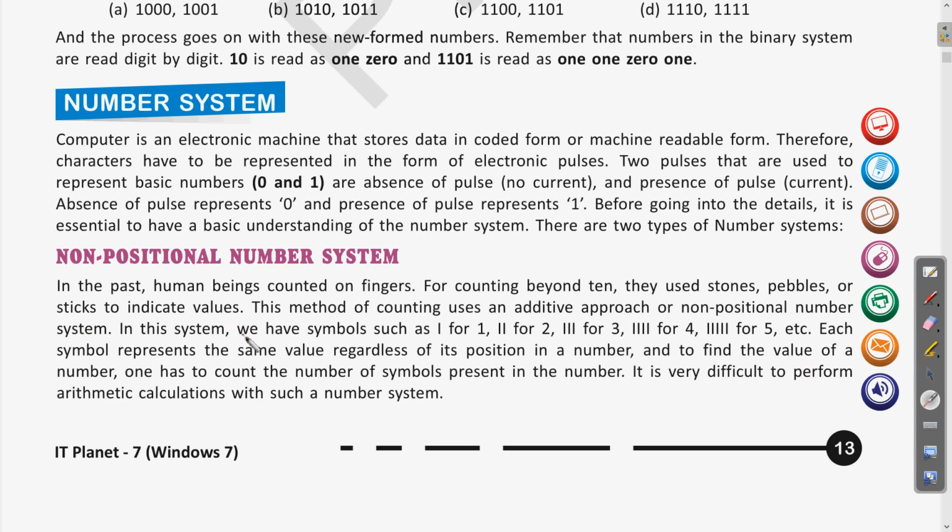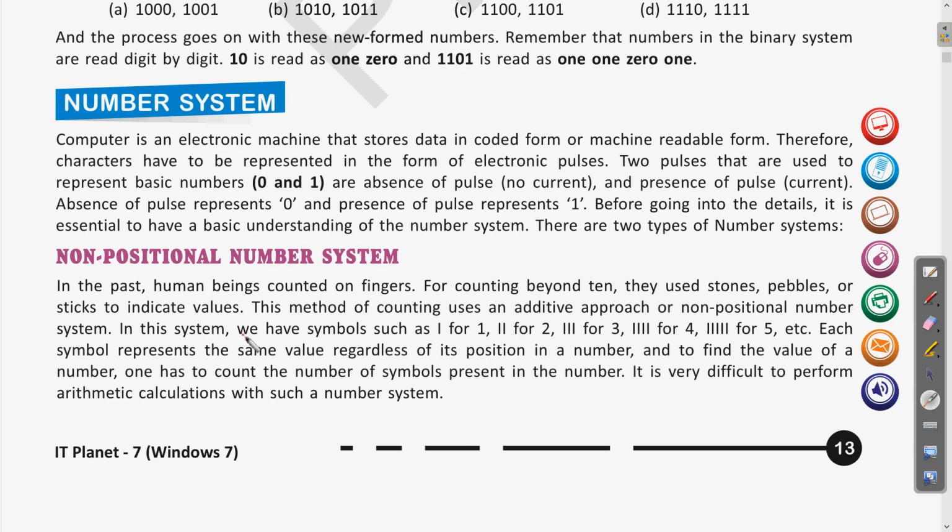When civilization was in its initial stage, people did not have the knowledge of counting numbers, the decimal, hexadecimal, whatever number systems are used today. Earlier they only had some symbols, and using those symbols they counted things.